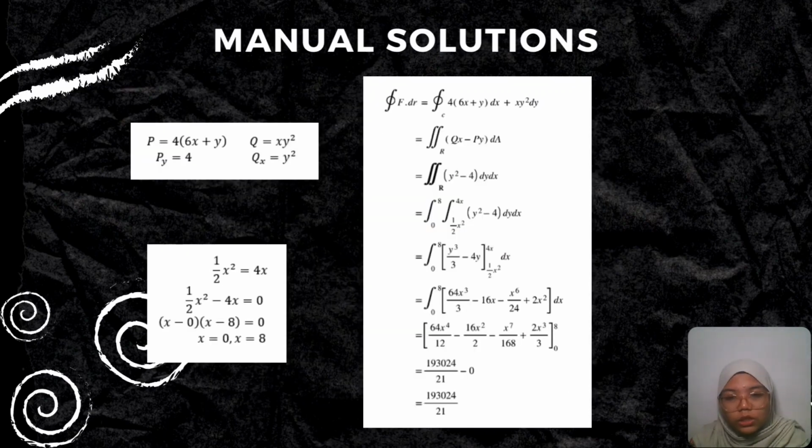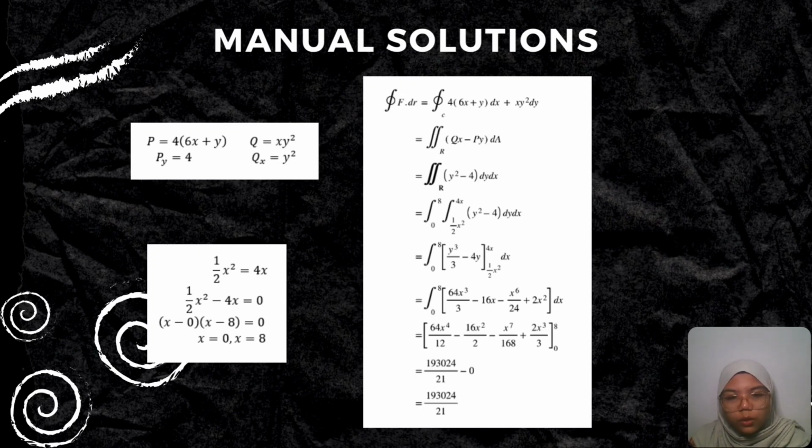For the manual solution, firstly, we need to know the values of Py and Qx. From the question, we know that Py equals 4 and Qx equals y squared. So we just have to substitute the values of Py and Qx into Green's theorem. So we get the double integral of y squared minus 4 dy dx.